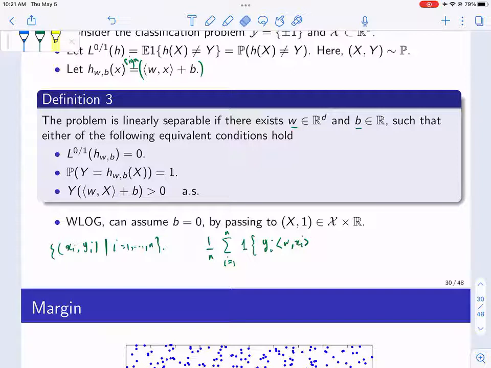So this counts how many errors we have. For a given w, this counts how many of the signs do not match. So this is equivalent to the empirical 0-1 loss for h, or h_w if you want.